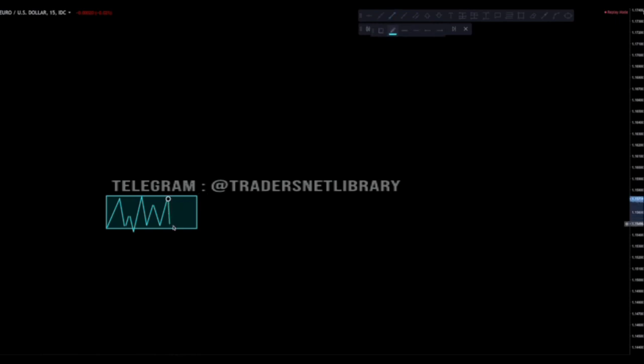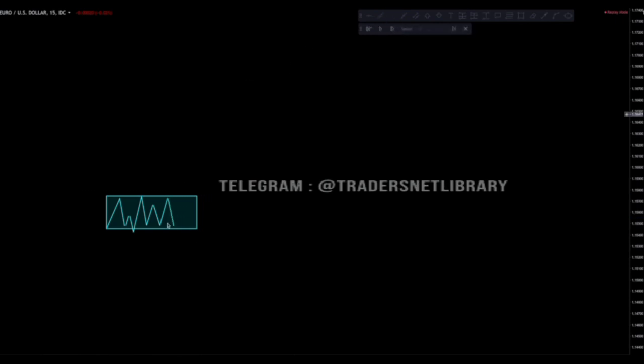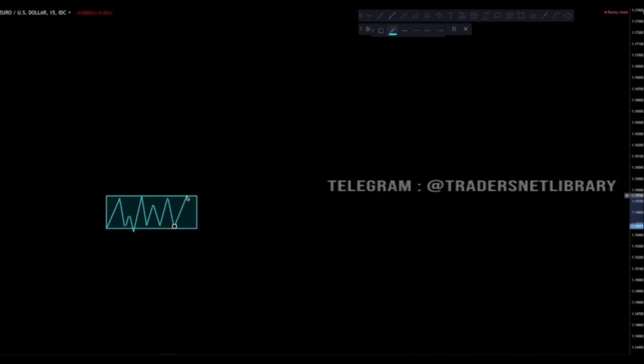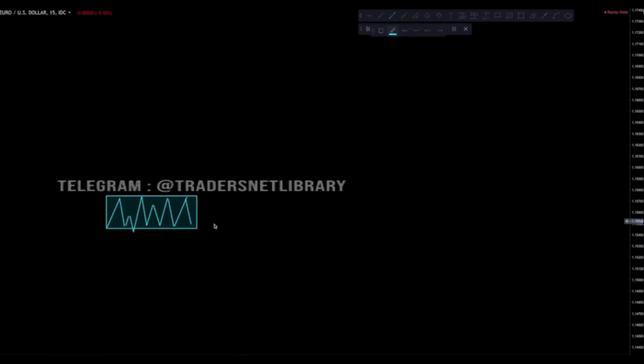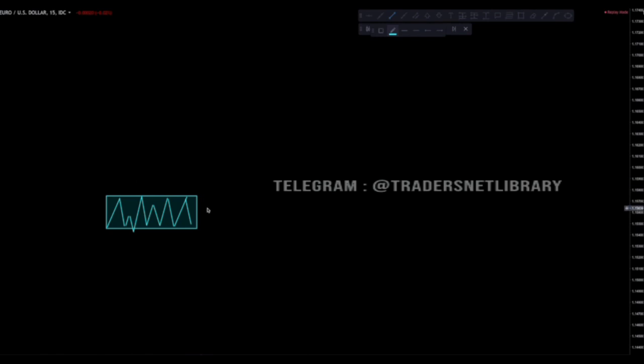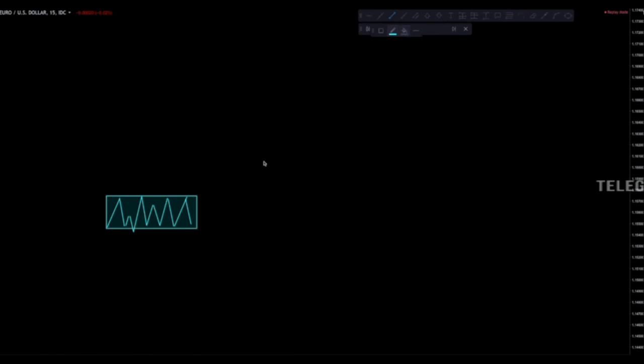So let's continue drawing. This is probably 6 hours of doing pretty much nothing, and right before the London session we get some quick spikes. As I mentioned previously in two videos, we always need some big bars breaking this box, breaking out of the zone.